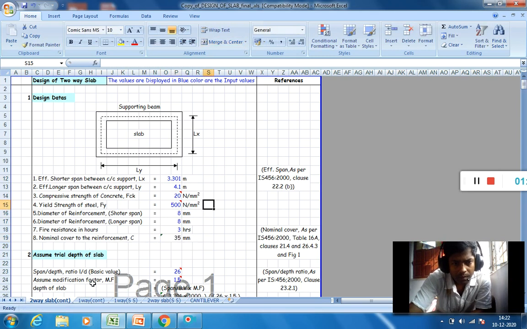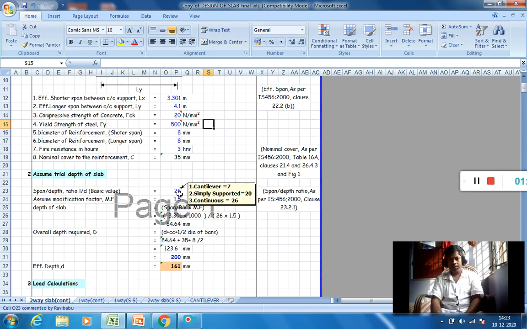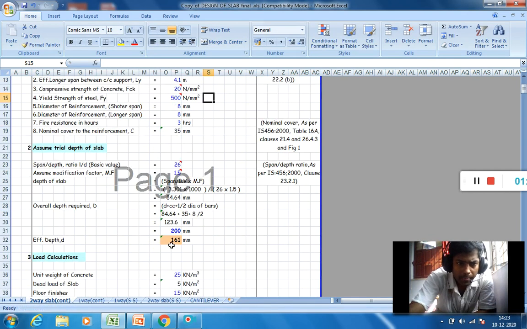Now the span to depth ratio, this is for a beam. This ratio also you can consider. You see that for cantilever 7, simply supported 20, continuous 26. So we get the effective depth.